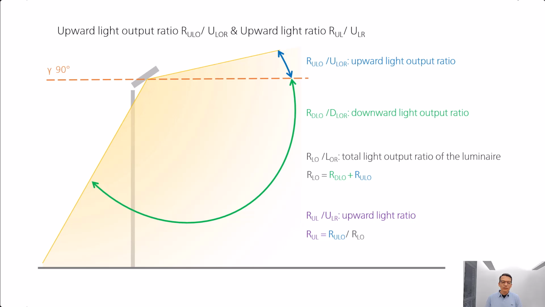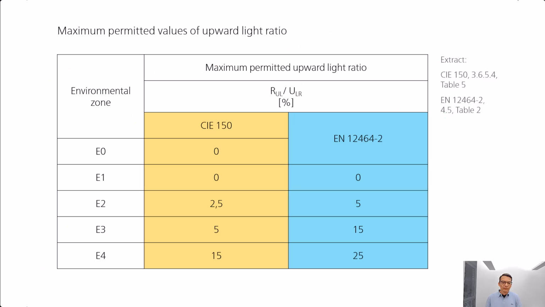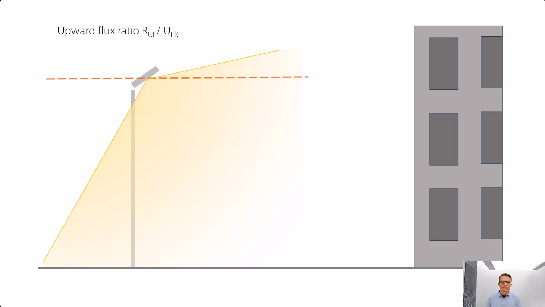The CIE 150 and the EN 12464 Part 2 provide guidelines on the permissible limits of this ratio. Here, again, there are values depending on the environmental zone. Finally, we have a look at the reflection.